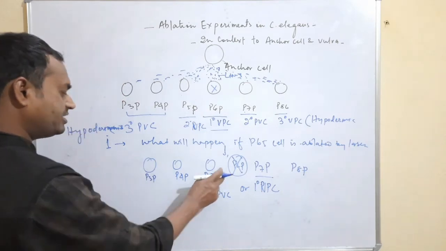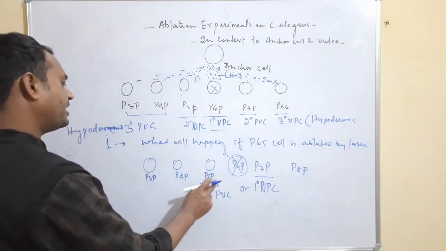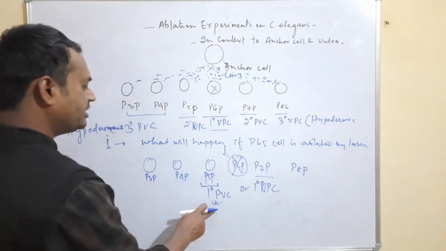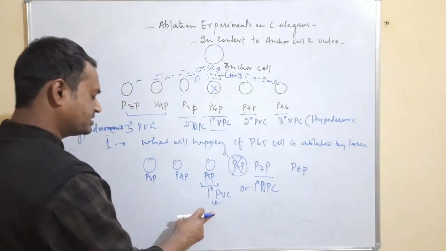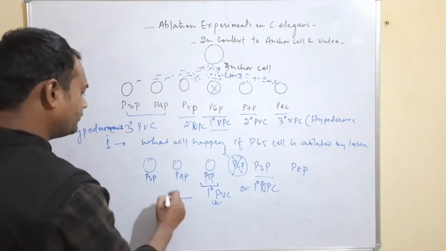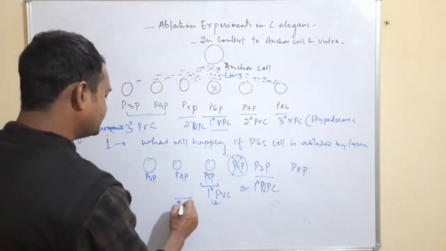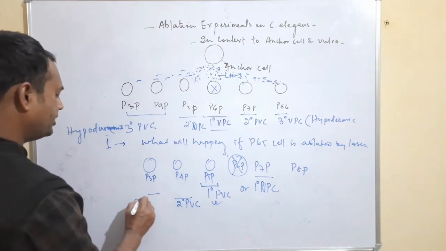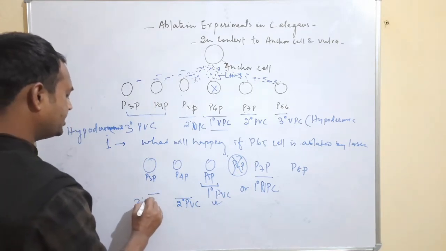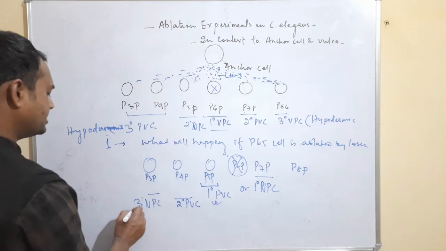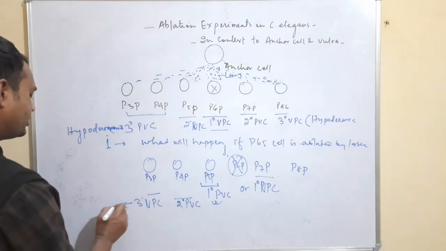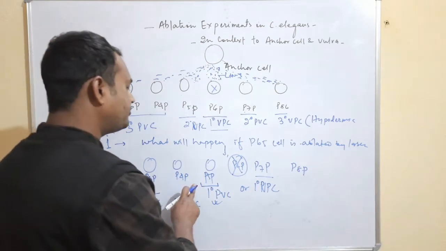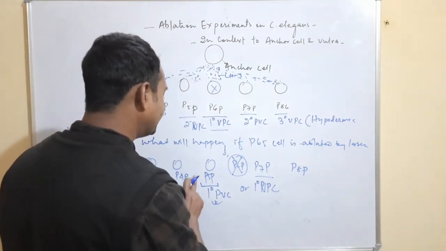If P5P acquires the primary vulva precursor fate, then P4P will get the secondary vulva precursor fate, and P3P will lead to the tertiary vulva precursor cell, which means it will acquire the hypodermis fate.